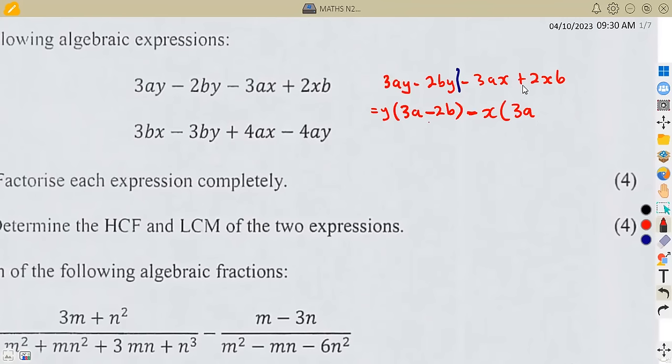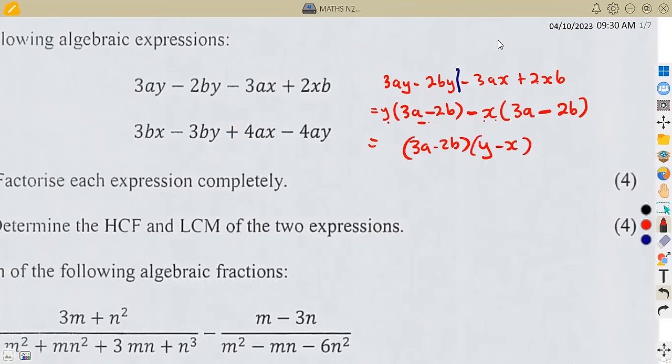On the other side, we divide a plus by a minus, that's a minus, x and x will cancel. We remain with 2b if we divide. So the 2 brackets are the same. That means we are going to remain with 3a minus 2b, and on this other one, it is going to be y minus x like this.